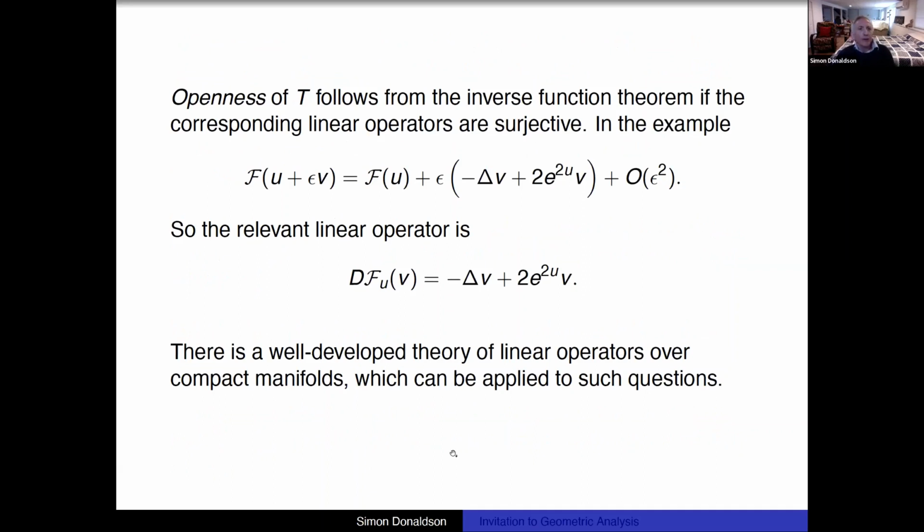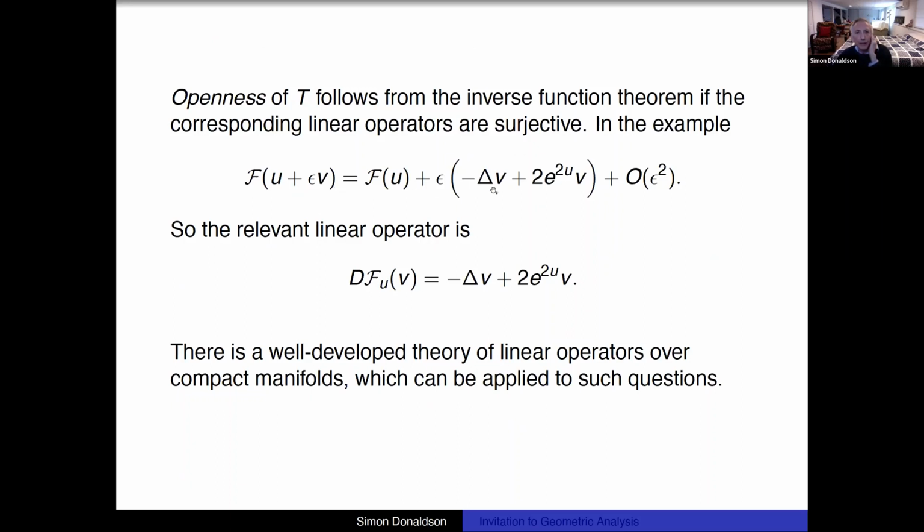Then openness follows from a result of inverse function type, if the corresponding linear operators are surjective. So what we want to do is calculus in infinite dimensional space. We want to differentiate this functional F. But there's nothing really mysterious about that. We want to consider applying this functional to u plus a small perturbation epsilon v.